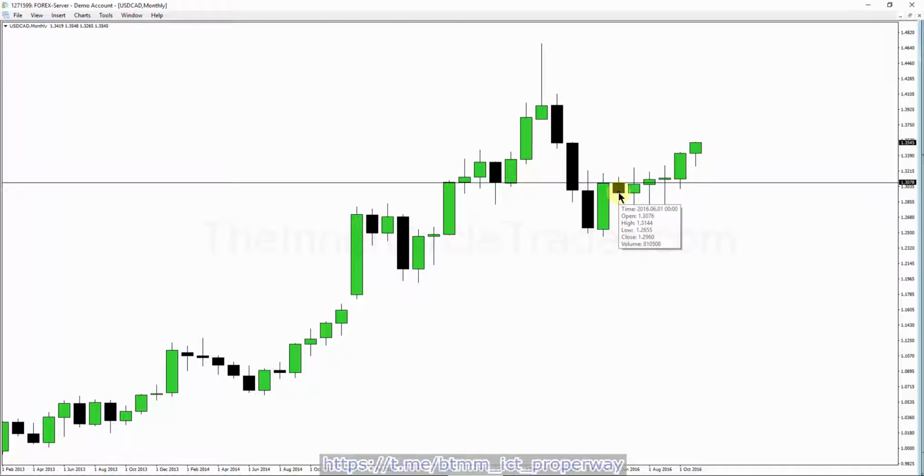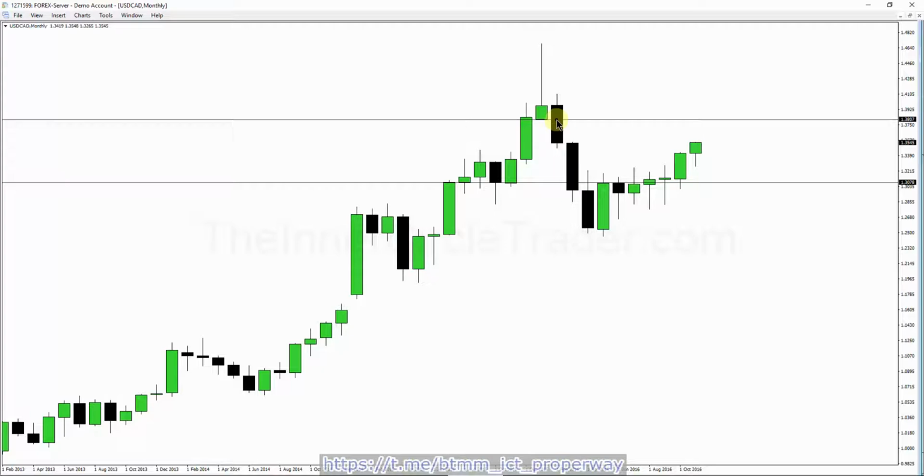So we have to have an up candle, or an up close candle, that has at least a low that's higher than 31.44. Obviously, it's right here.